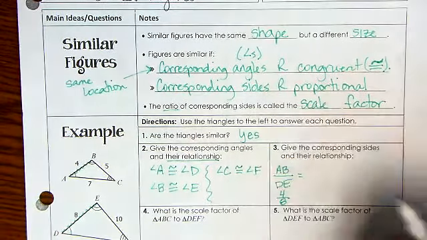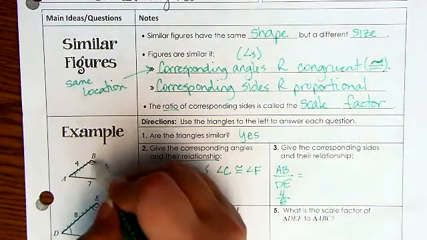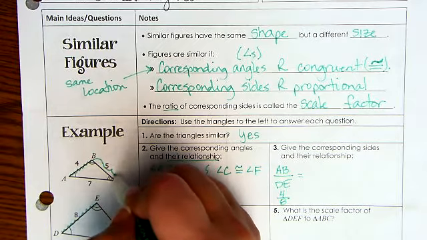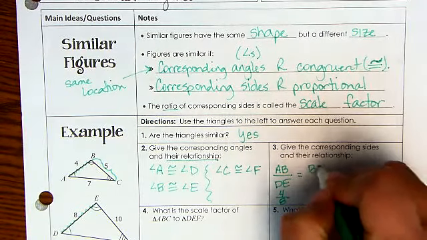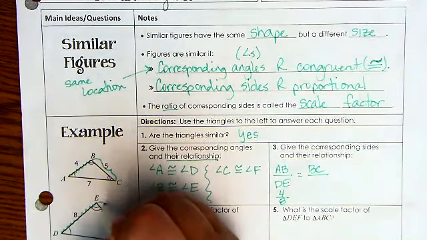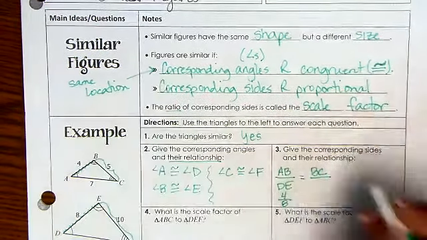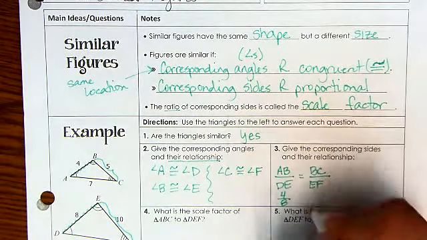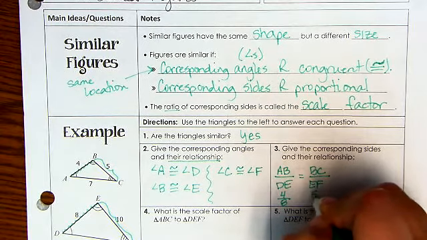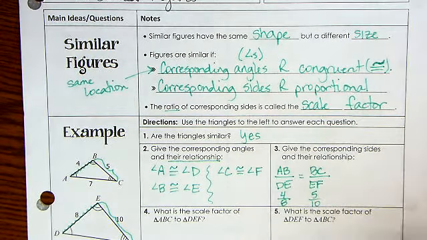Then we have BC goes with EF, which is 5 over 10, if you take the measurements in.